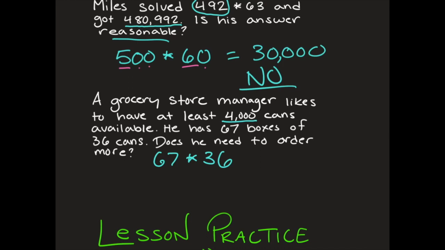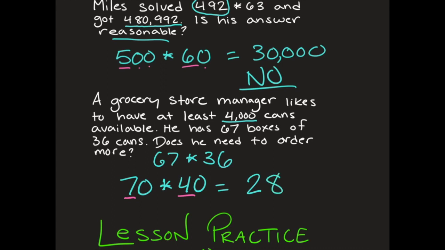Does he need to buy more cans? 67, I'm going to round. Remember, I want to round to the nearest tens or hundreds so that I have zeros that I'm working with. 67 I'm going to round up to 70, and 36 I'm also going to round up to 40. Now when I multiply, 7 times 4 is going to give me 28.